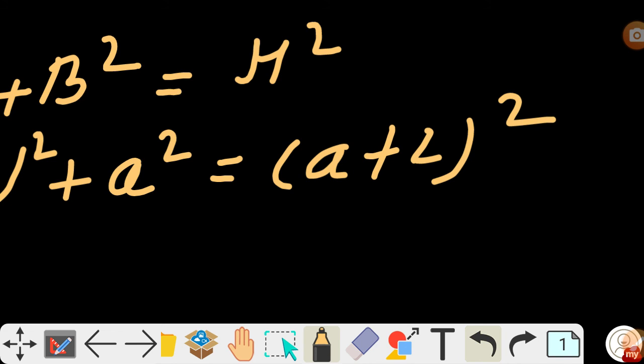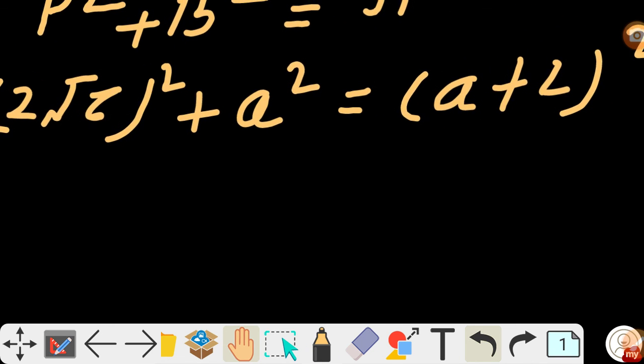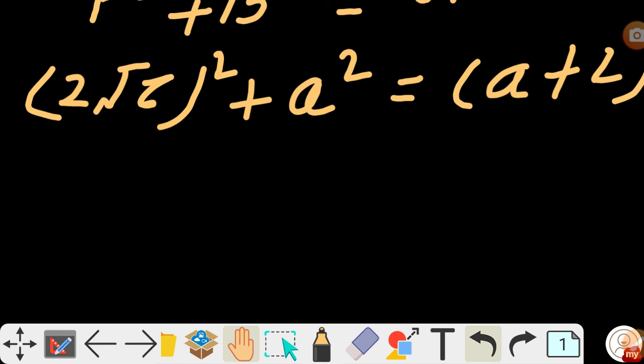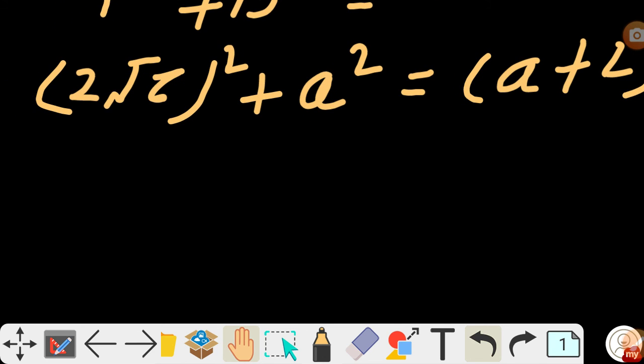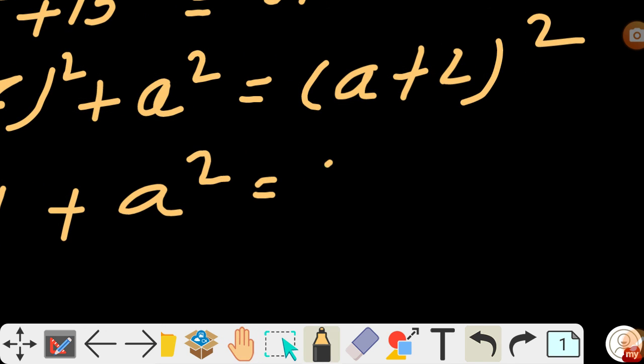So by using hit and trial method, try to balance this equation, because (2 under root 6) whole square we get here 24, plus a square, equal to (a plus 2) whole square.